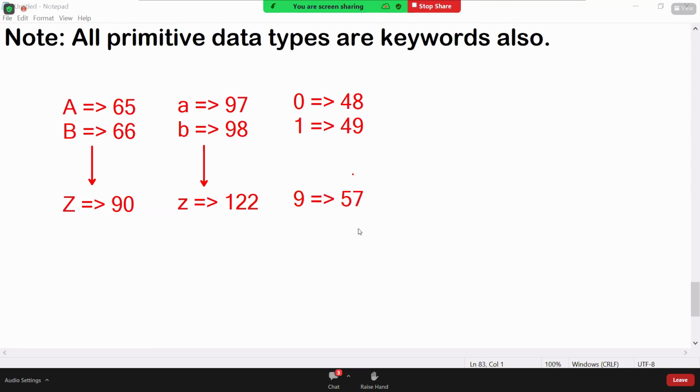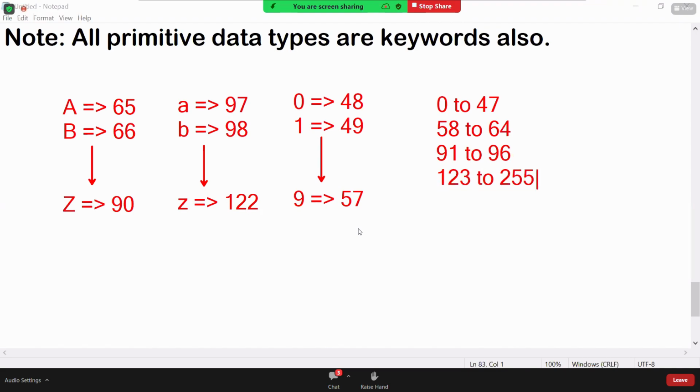So 48 to 57, these are the ASCII codes. But there is a gap from 0 to 47, and 58 to 64, and 91 to 96. And 123 to 255 are special symbols.